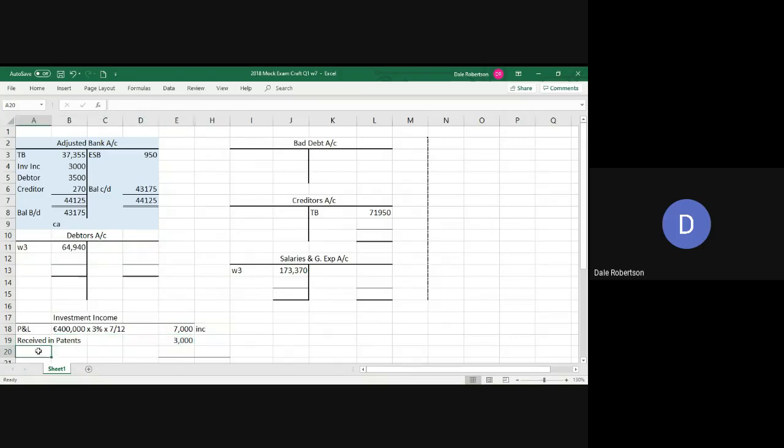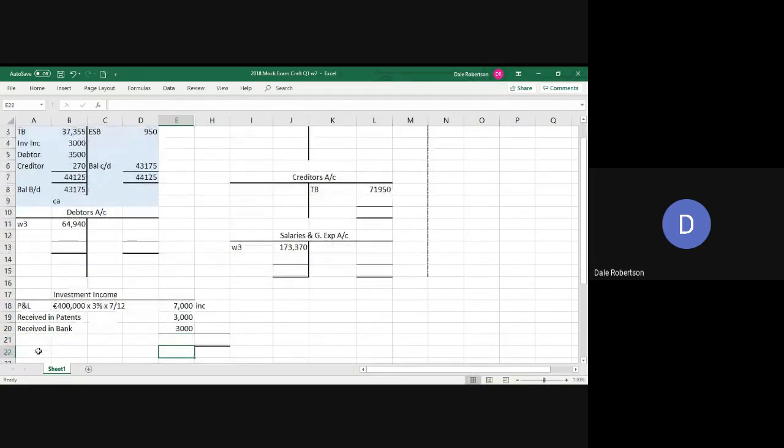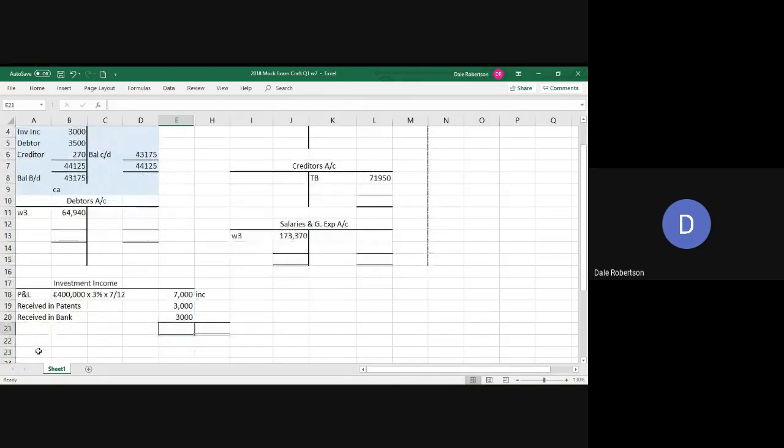Now we can see that another 3,000 received in the bank has landed to us. So therefore, how much is still outstanding, or what we would call our investment income due? And our investment income due in this situation is going to be 1,000. Let's label that investment income due.